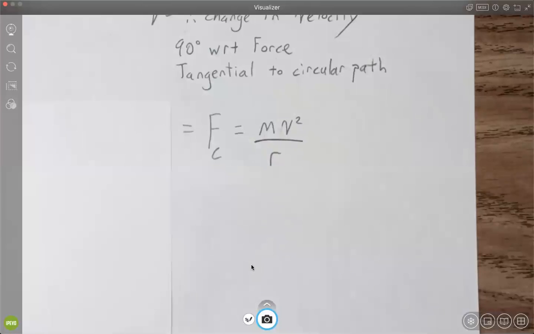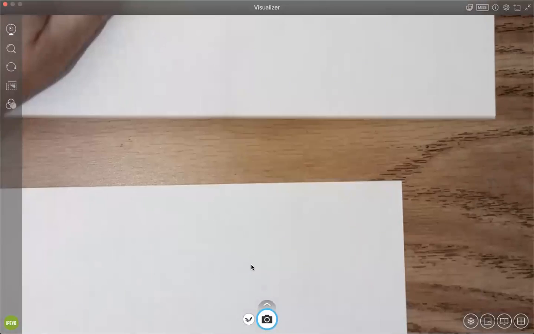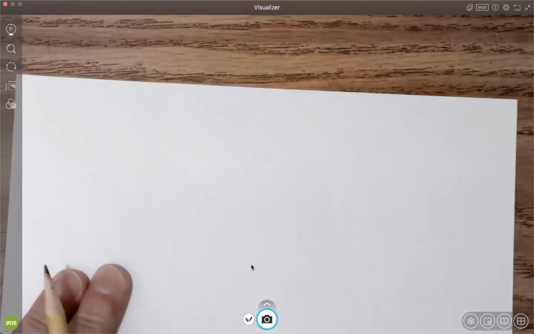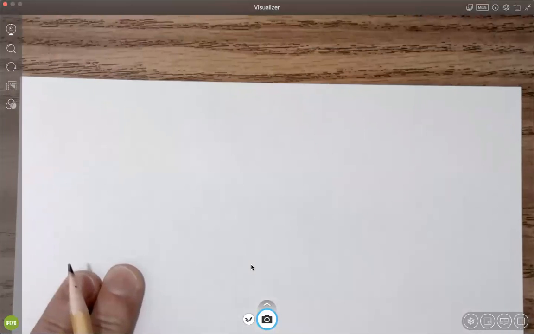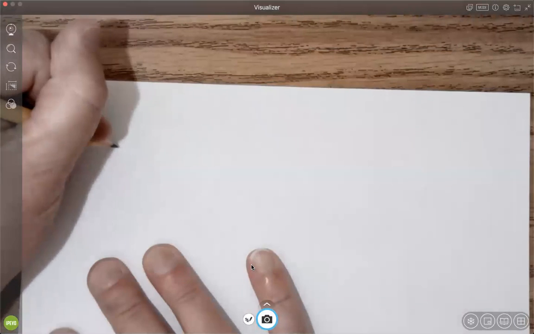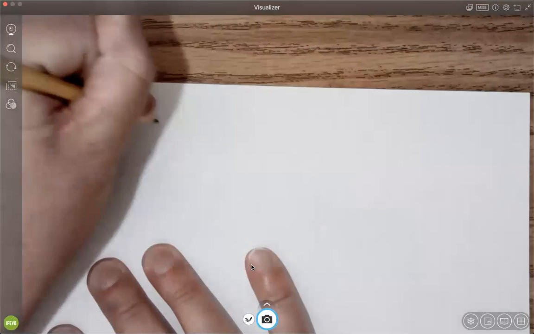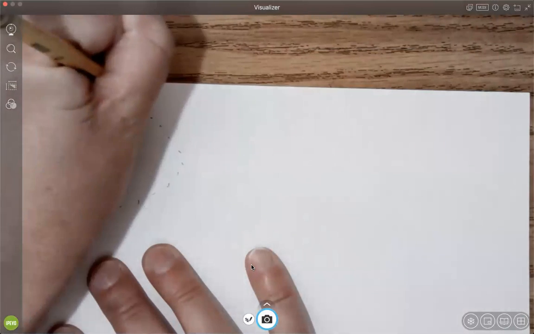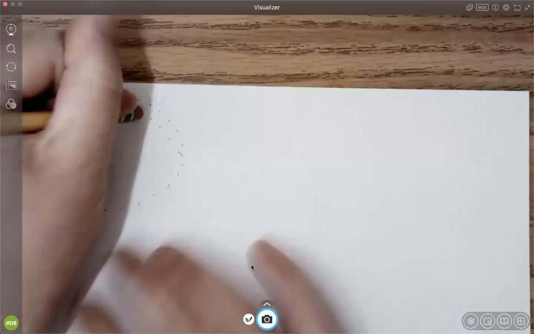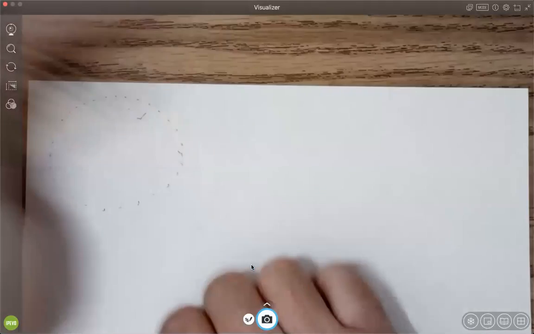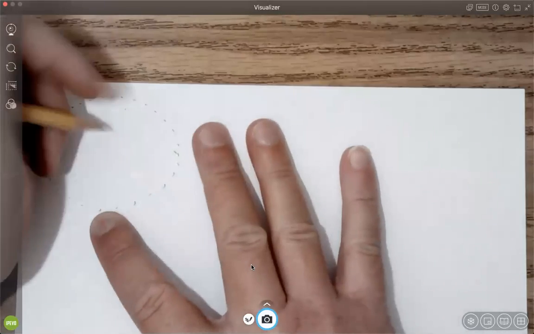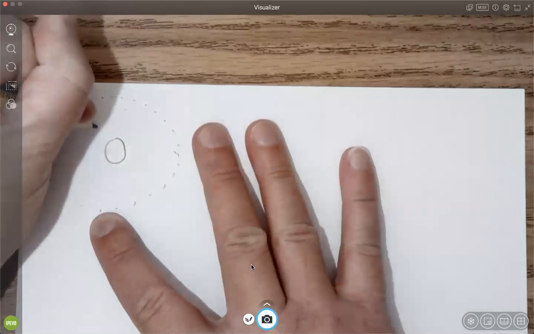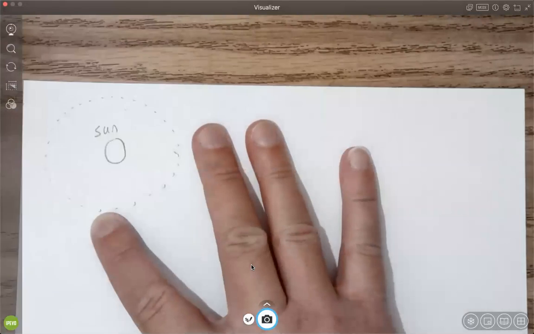So we're going to take that and we're going to look at the same type of scenario where we have this circular path, and I'm going to put in the center of this circular path an object that I could call the sun.